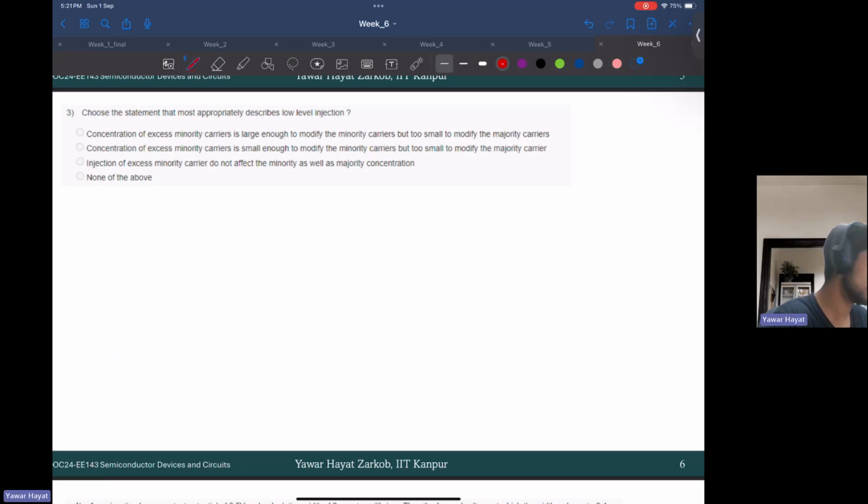Okay, I gave sufficient time. So the correct option is option A, that the concentration of excess minority carriers is large enough to modify the minority carriers, but it's too small to modify the majority carriers. We'll go with this one.